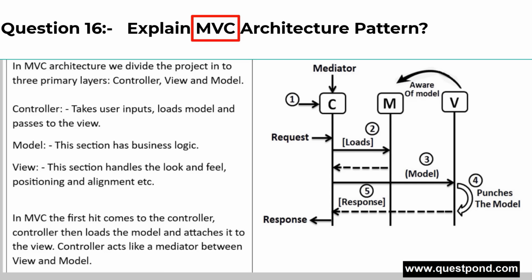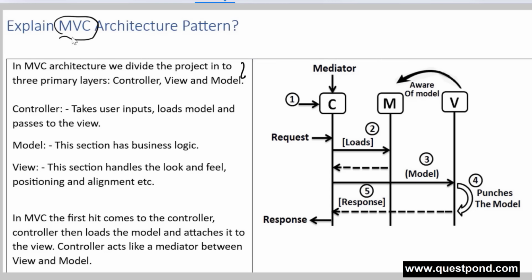The most important thing is how you present the answer during the interview. So I would suggest that you divide your answer into three sections when somebody asks you for an architecture explanation. First, talk about the different layers of that architecture. Second, explain what every layer does. And third, try to explain the flow of that architecture.